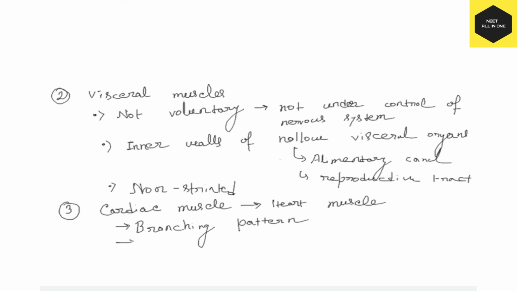Obviously, these are also involuntary muscles. Heart, you have no control of your heart. But one thing you have to be very careful about, these are striated like skeletal muscles. So this is all about the three types of muscles.